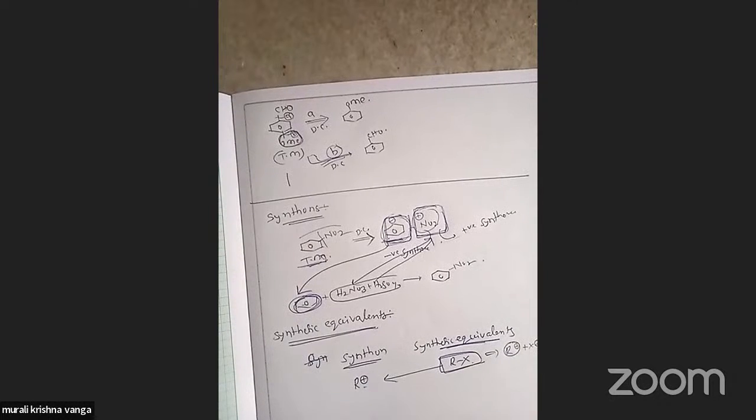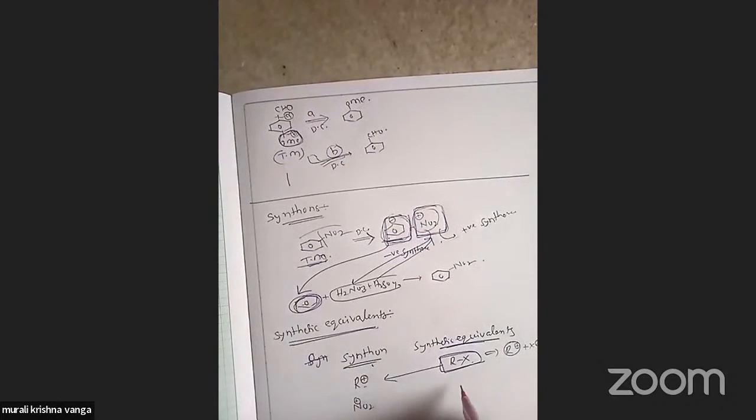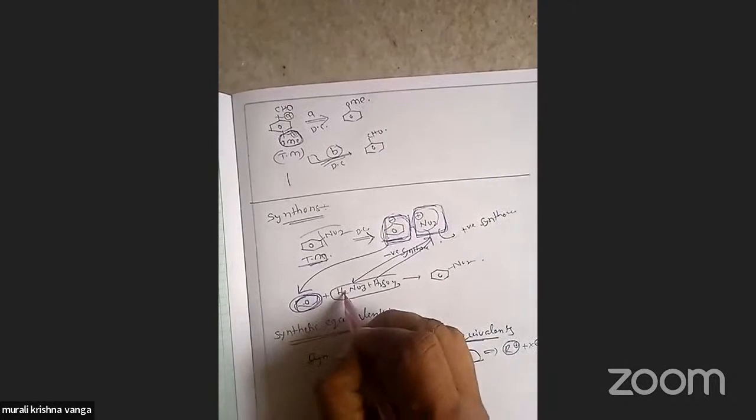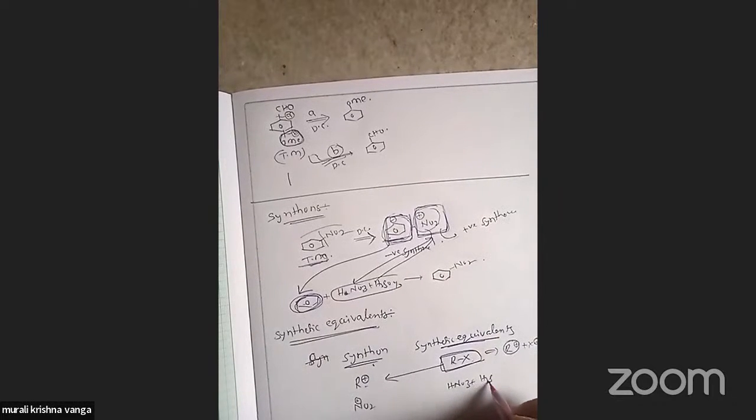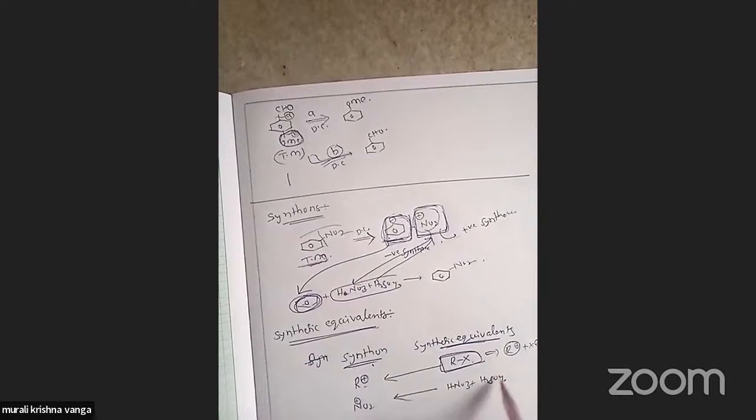And for NO2 plus, the synthetic equivalent is HNO3 and H2SO4. This mixture gives NO2 plus.